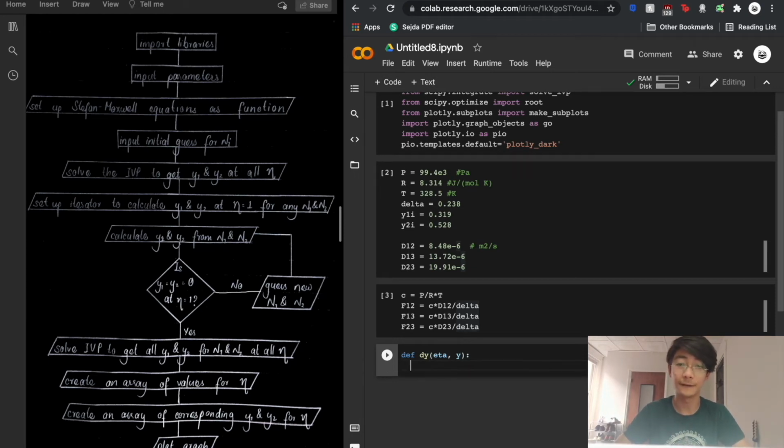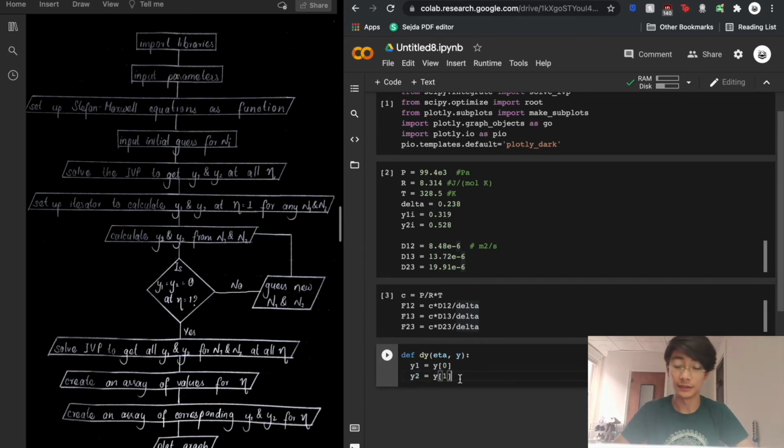I'll say that y1 is equal to y0, y2 equals y1. So y should be an array with two values, in which the first element should be equal to y1 and the second element should be equal to y2.